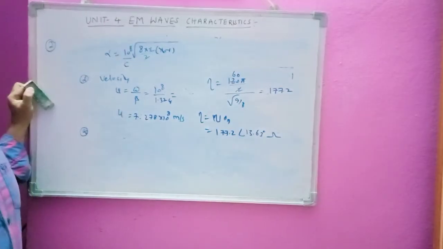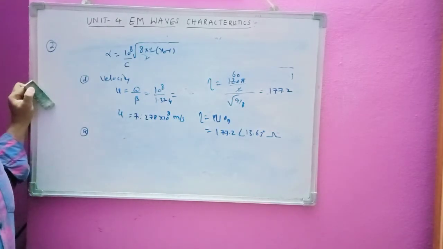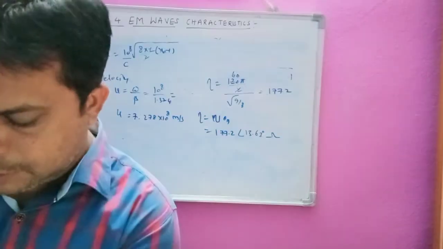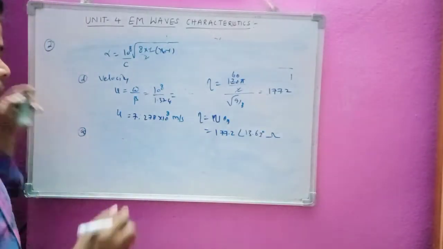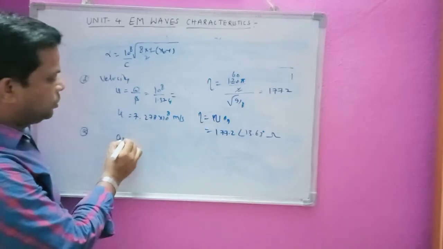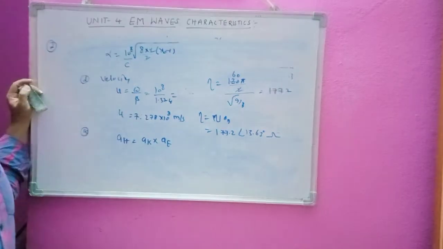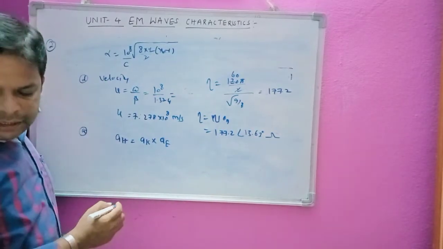He is asking the direction, that is, already we have calculated, I think, the direction of the field here. So aH is equal to aK cross aE. aH is the direction of the magnetic field.